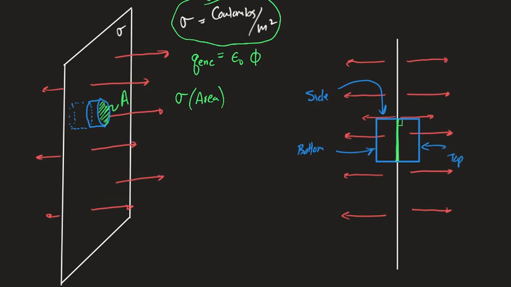It's a uniform shape. So if it's a cylinder, the top and bottom are the same. If it's a cube, the top and bottom are the same. Everybody okay so far? Make sure, before I go on, this is how much enclosed charge there is.